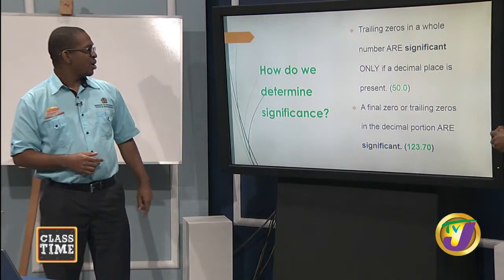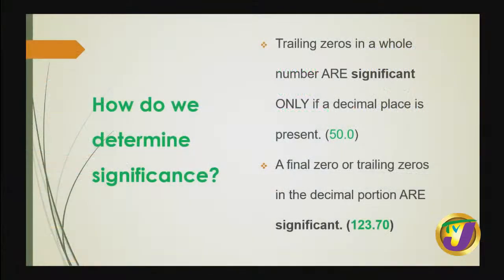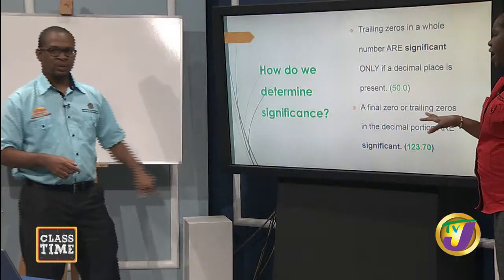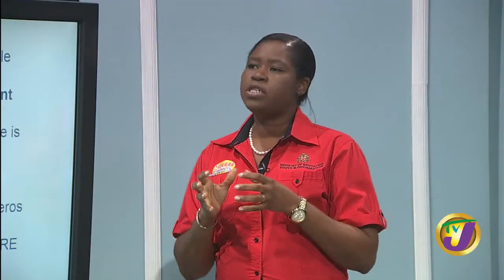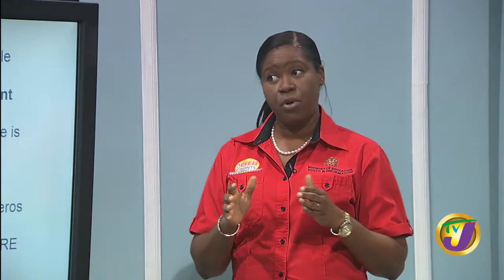Finally, a final zero or trailing zeros in the decimal portion are significant. Okay. And it links to what we were just discussing earlier. Because in this case, obviously, this number is expressed to the nearest hundredth, or two decimal places. As you mentioned before, Tyrone, zero plays an important role in maintaining the value of the number.